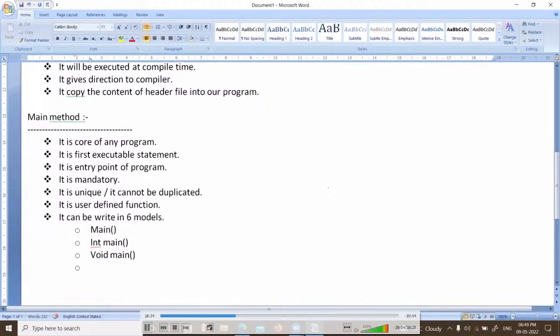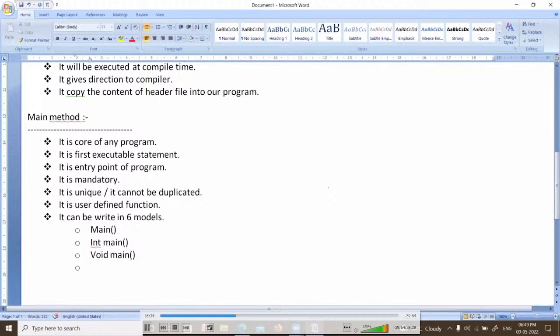Or int main of void. Or void main of void. You can write the main method in these 6 formats. All are lowercase letters only, so don't use any uppercase letter here. A main method can be written in these 6 models. This is about the main method.